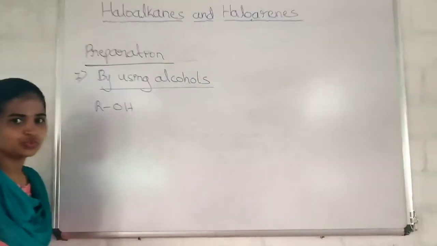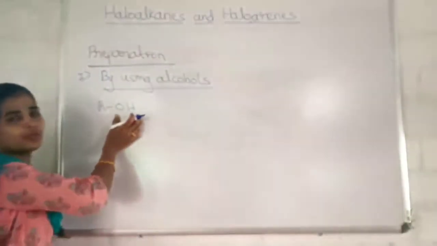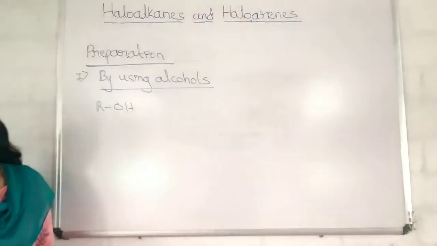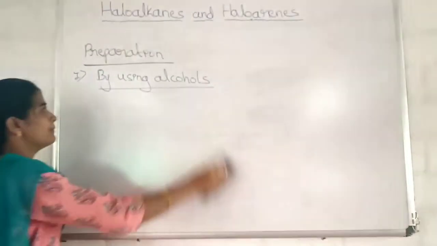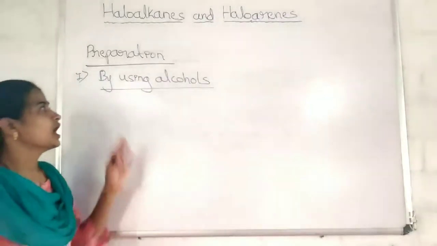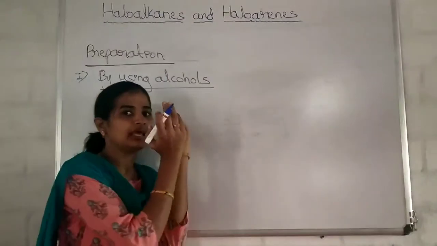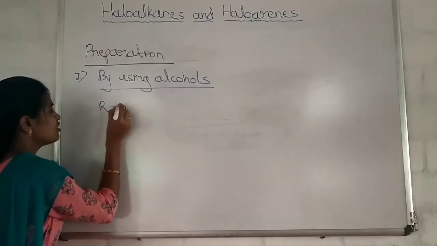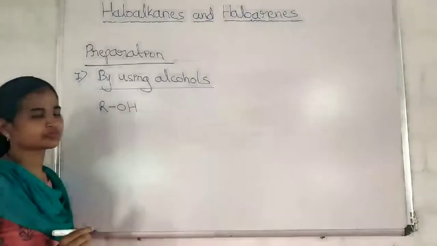That is what we need to do. The hydroxyl group of the alcohols can be easily replaced by the halogen. So therefore, by using the alcohols, the haloalkanes can be easily prepared.